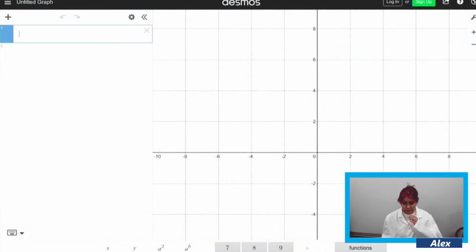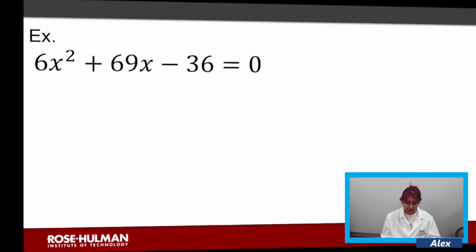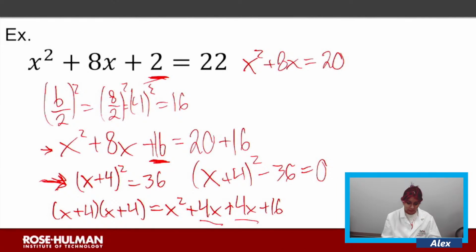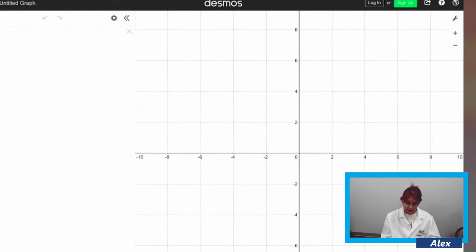If I pull up Desmos really quickly, you can see how, let's take one of the equations from our previous examples. Let's start with the first one, x squared minus 18x plus 112.